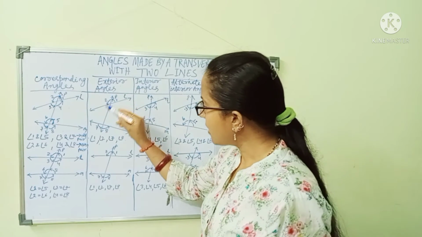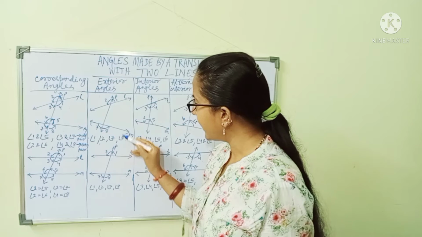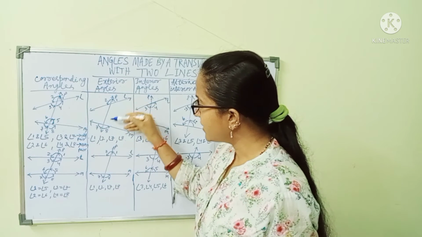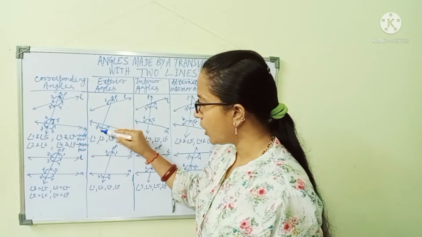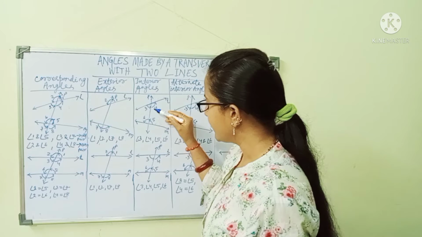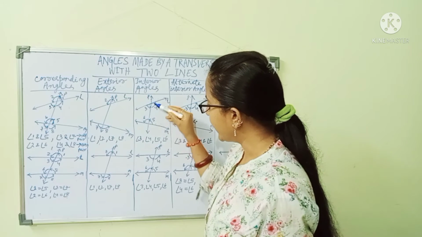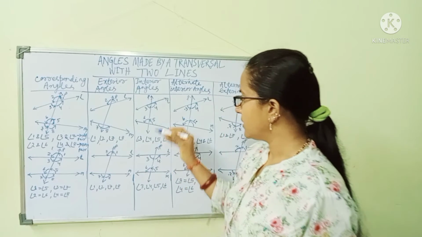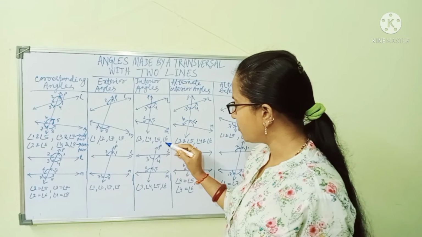Here angles 1, 2, 7 and 8 are present outside the lines, but interior angles are present inside, in between the two lines. So they are the interior angles: third, fourth and fifth, sixth.